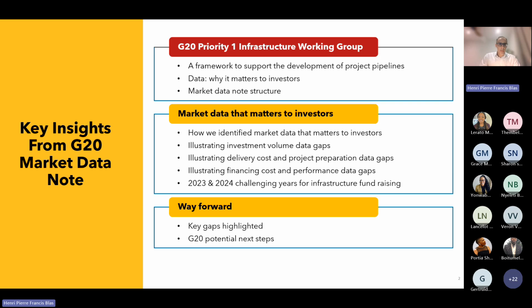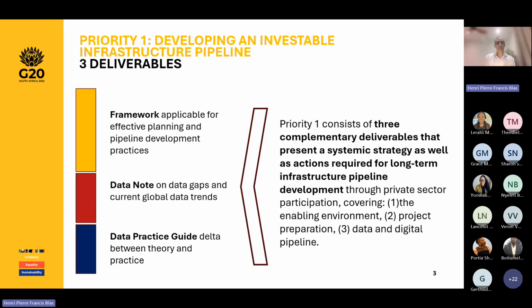So priority one, the key objective, and I'm going to go very quickly through this, is to look at tools and other elements that really help develop an investable infrastructure pipeline. To do this, we structured that priority into three deliverables, a key framework that will be endorsed very soon, and it will cover pretty much everything that's required to develop that investable infrastructure pipeline.